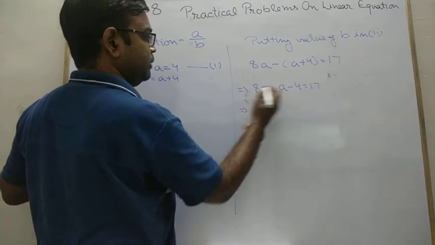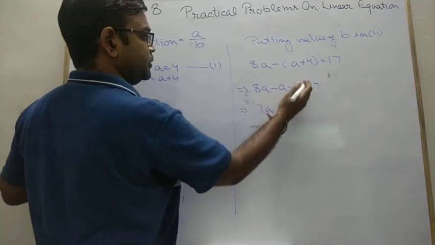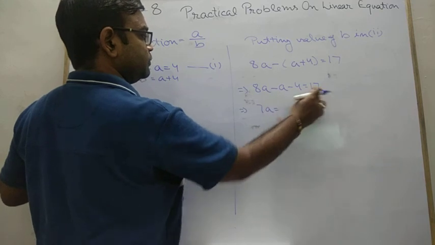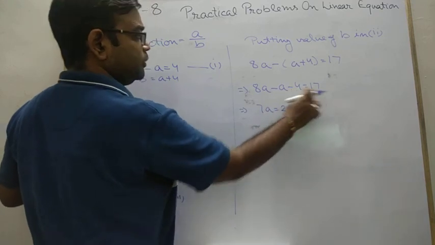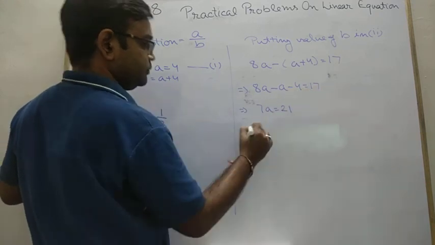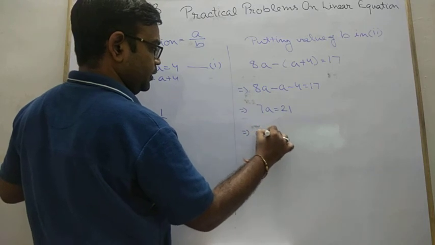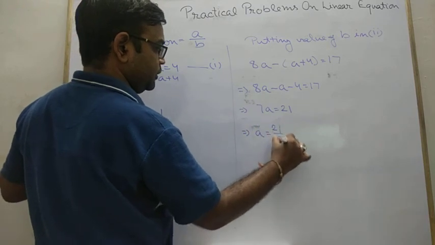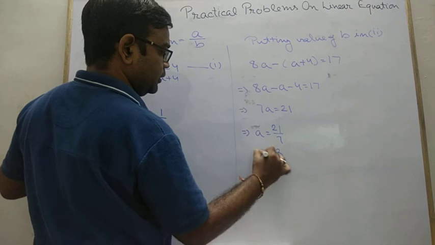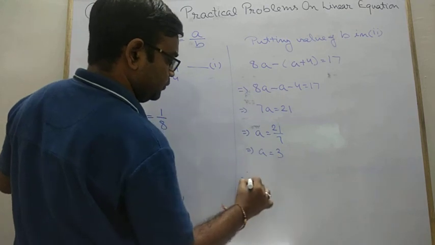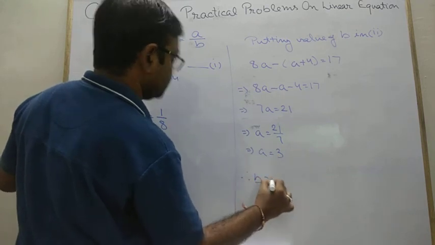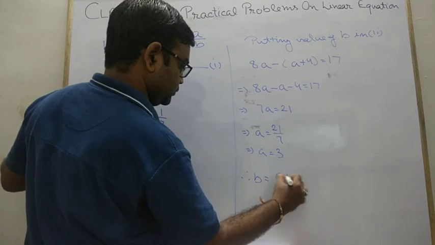It's 8a minus a, it's 7a minus 4 equals 17, plus 4, it's 21. I hope it's clear. Minus 4 shifts to that side. a equals 21 upon 7, it's 3. a equals 3, therefore b equals a plus 4, it's 7.